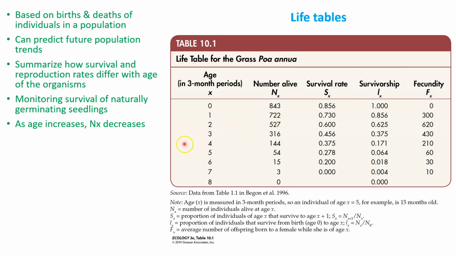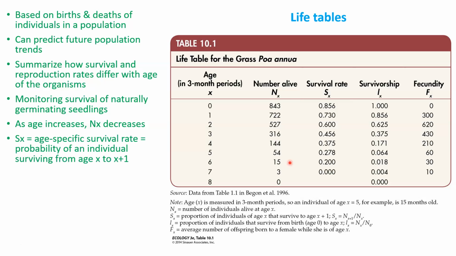So what you can see is, as the population ages, the number alive declines. It is very intuitive, right? Grasses are living organisms, they are annual plants, so you would expect fewer plants to survive as the population ages. And also remember that when you're looking at these germinating seeds, all of the seeds were produced at the same time, right? So at the beginning, the entire population belongs to the same cohort.